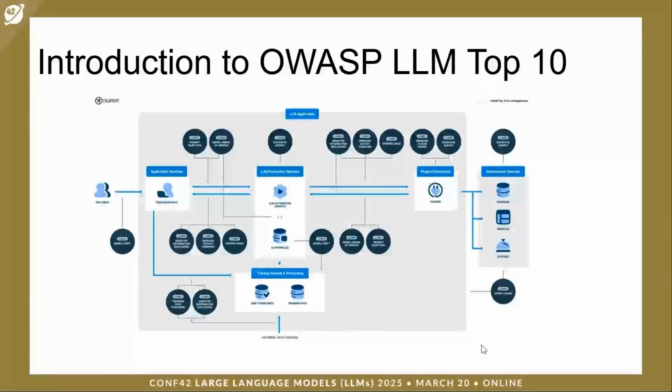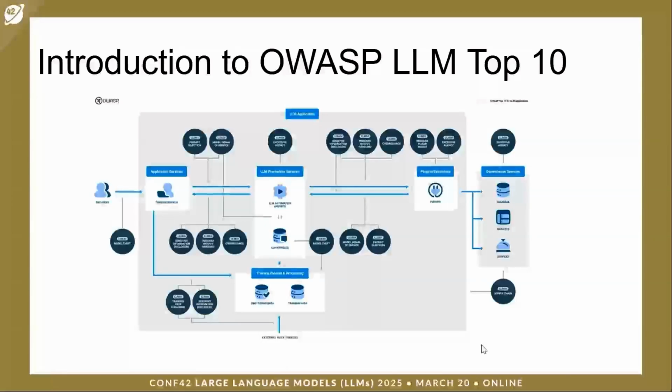With the growing popularity of these kinds of models, such as GPT, Gemini, Llama, among others, OWASP has published a specific list of vulnerabilities for these kinds of applications.